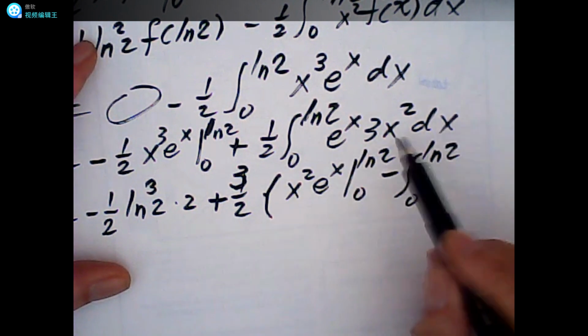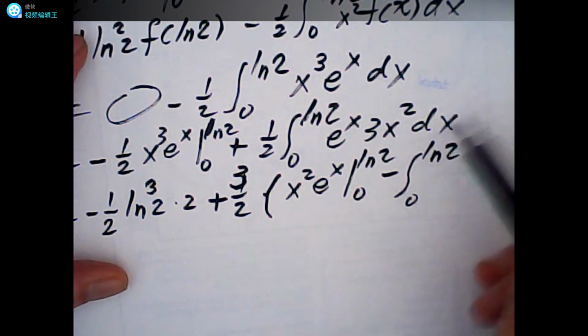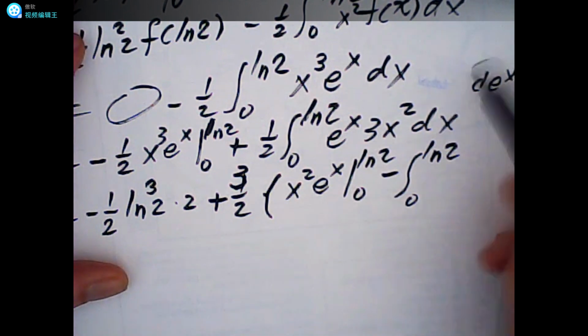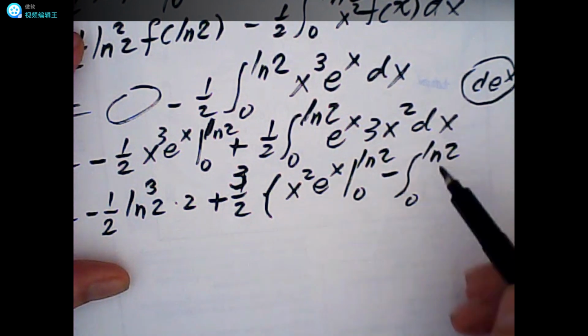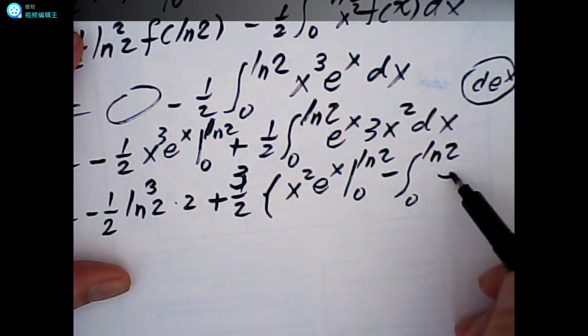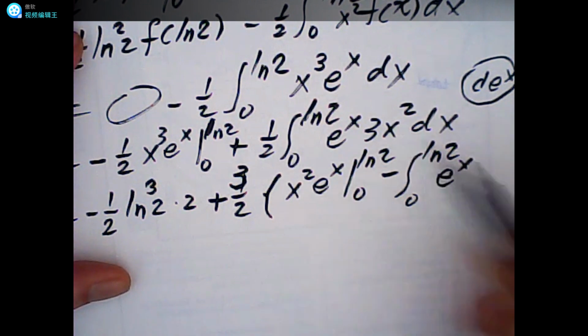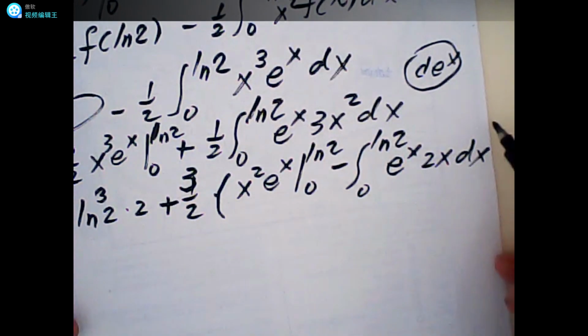Now, v is e to x, right? Because e to the x dx is d of e to the x. That is my dv. So three is taken out, and this is e to the x, v, du will be 2x dx. Yeah, that's correct.